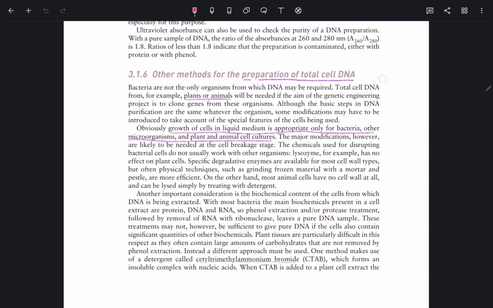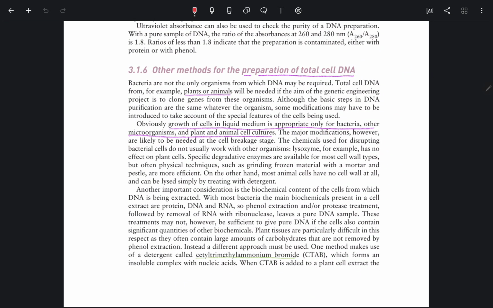Other methods for preparation of total cell DNA. Bacteria are not the only organism from which DNA may be required. Total cell DNA from, for example, a plant or animal will be needed if the aim of the genetic engineering project is to clone genes from these organisms.